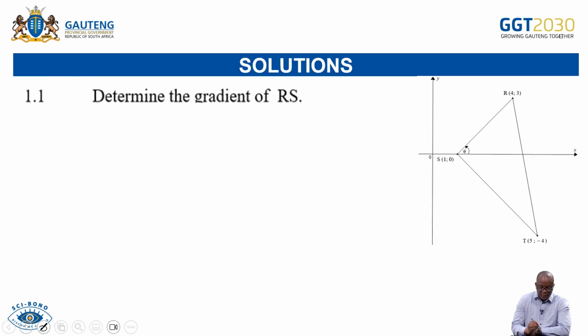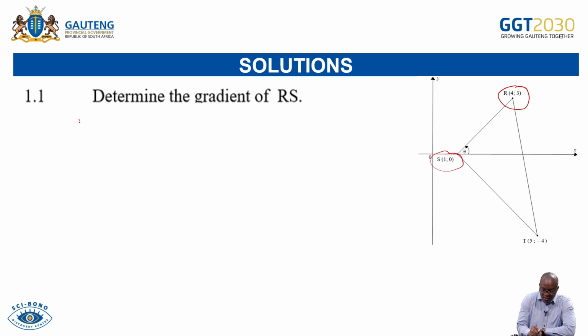So now we have the first one, 1.1, where it says you must determine the gradient of RS. So remember, when you determine the gradient of RS, you firstly need your point R and also your point S, correct?